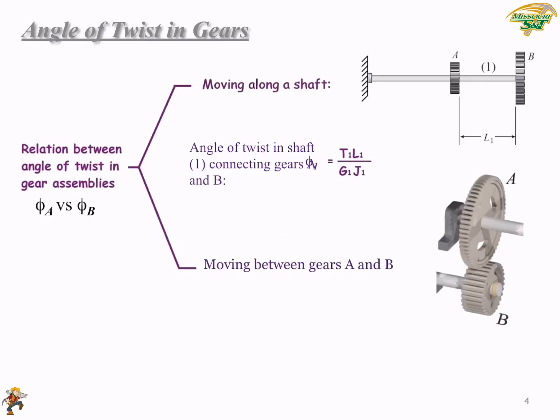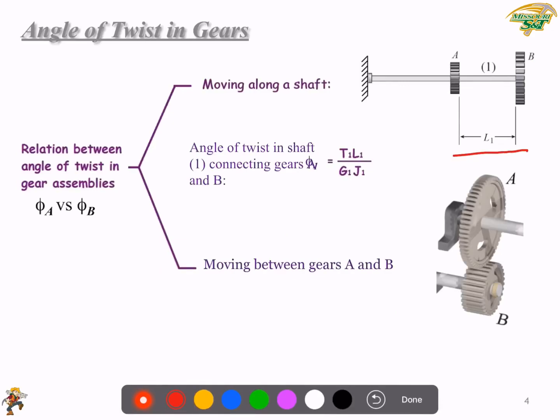Now if we define the angle of twist of A as phi A, and the angle of twist of B as phi B, let's examine the relationship between these 2 numbers, phi A and phi B. Let's look at the first connection as shown here. What do you think is the correlation between phi A and phi B in case number 1?